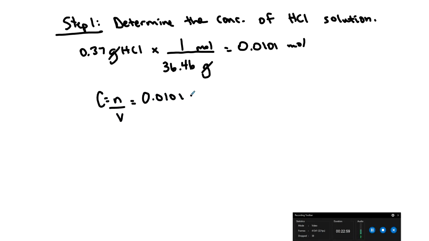Once we know that, we can use C equals n over V to get the concentration. So I'm going to take my number of moles, and I was told in the question the solution has a volume of 250 milliliters, which is 0.25 liters. So the concentration works out to 0.0404 moles per liter.